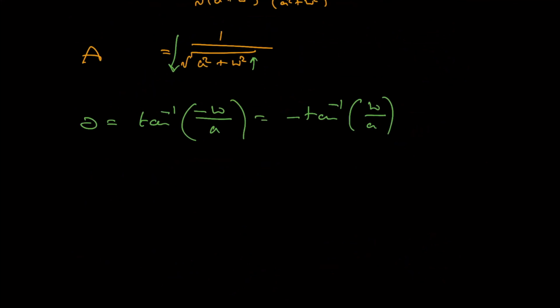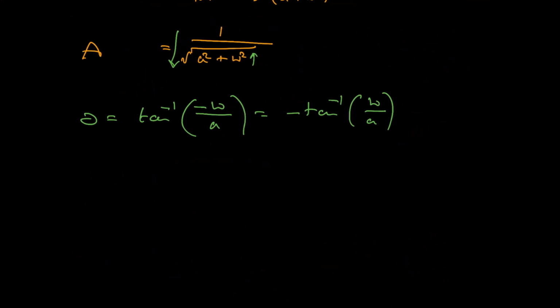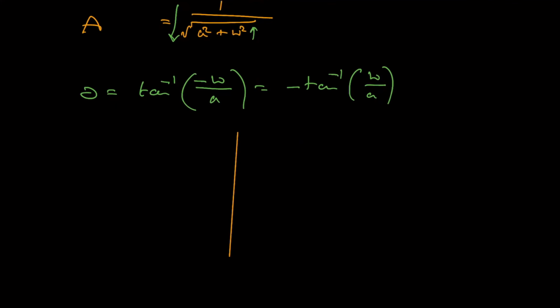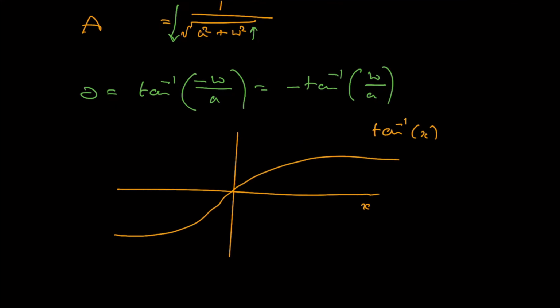Now, you may not remember what the arctan looks like. If I plot the arctan, tan -1, with x along here, I will get something that looks like that.